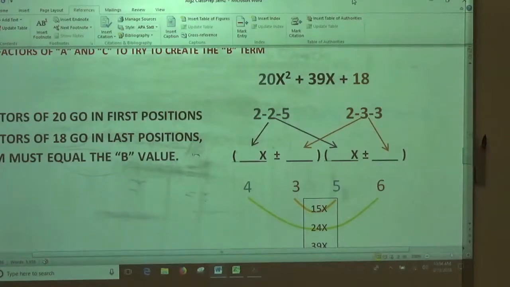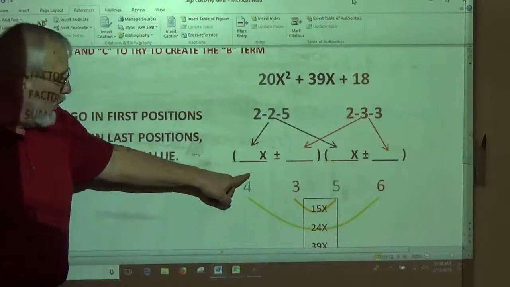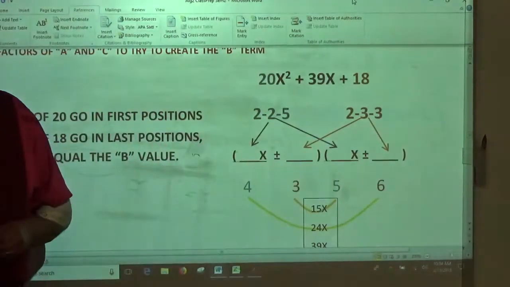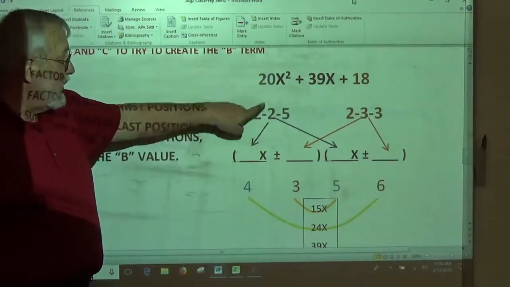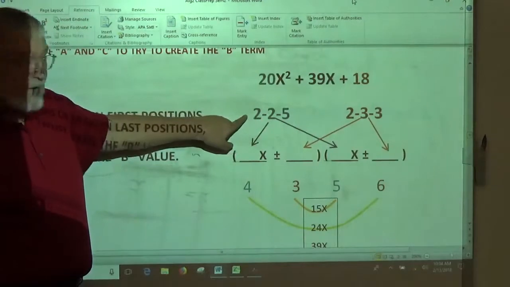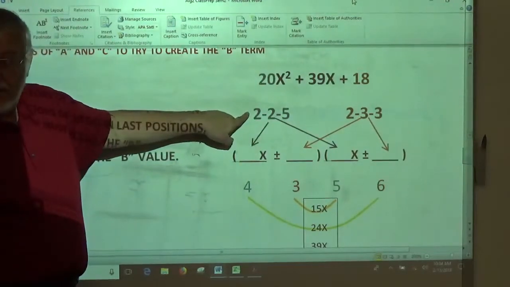Okay. Now, in my experience, this method is the easiest way to try and figure out what binomials exist. Okay? And the key is that we're going to make this, anybody know what these numbers are called?